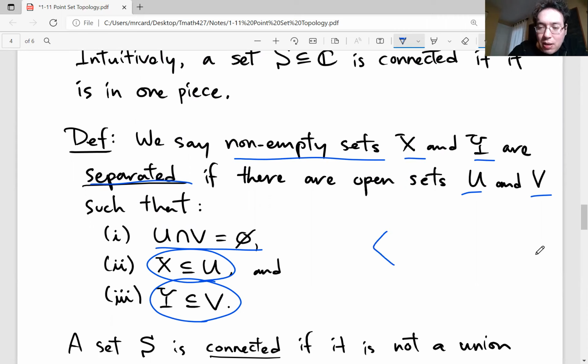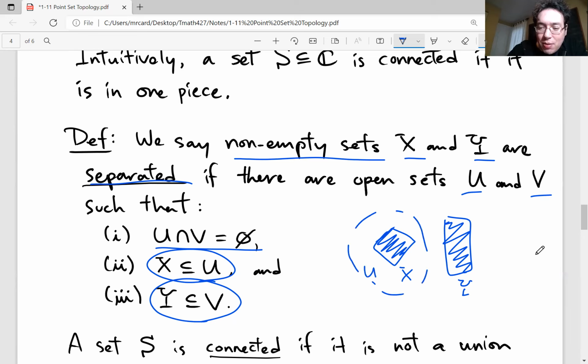Okay, so if this is X and if this is Y, sorry, I don't have the stylus pen yet. So U would be an open set that contains X and V is an open set that contains Y. So you need like a cloud of points that kind of covers each and that does not intersect.